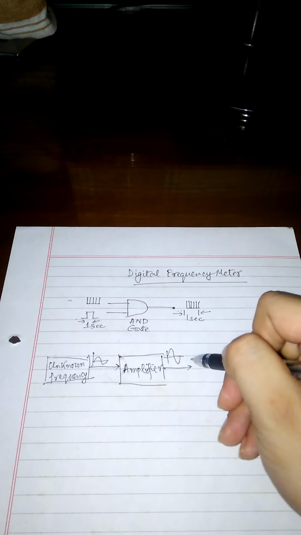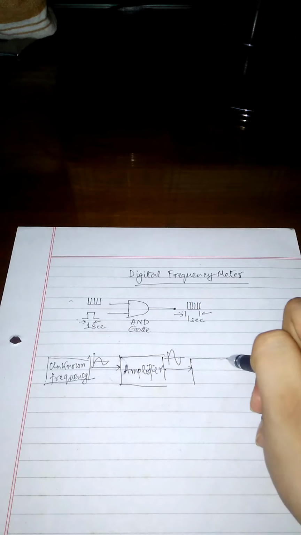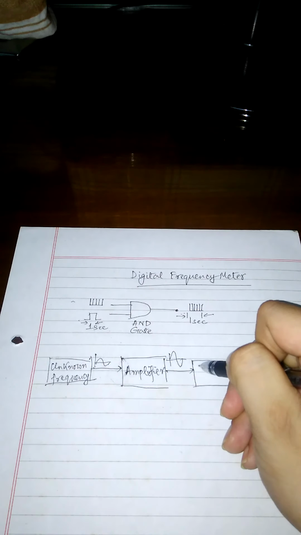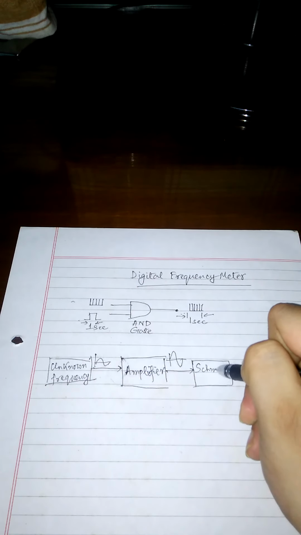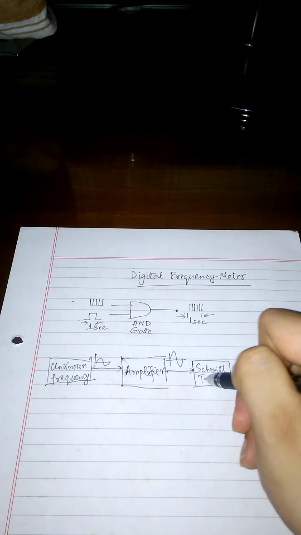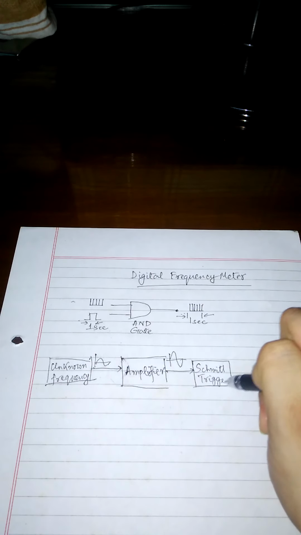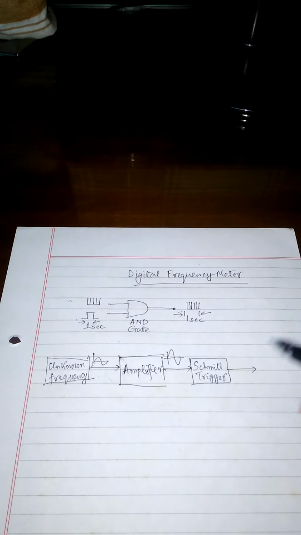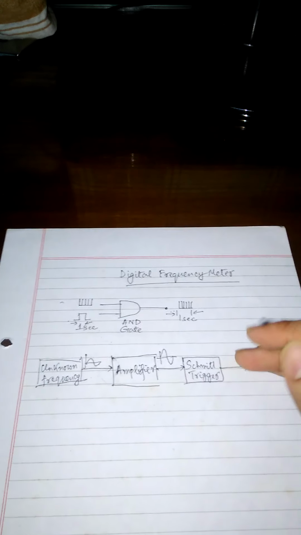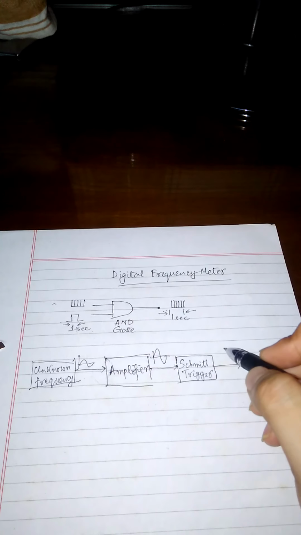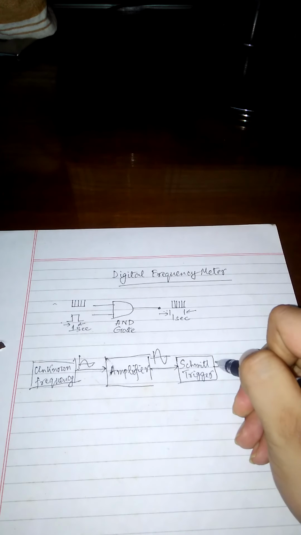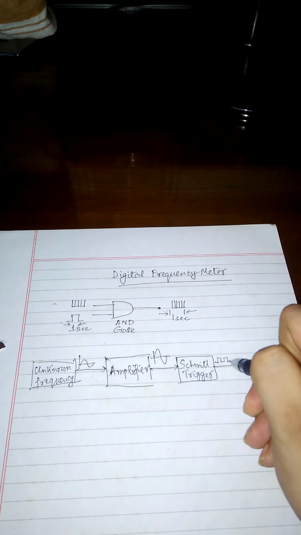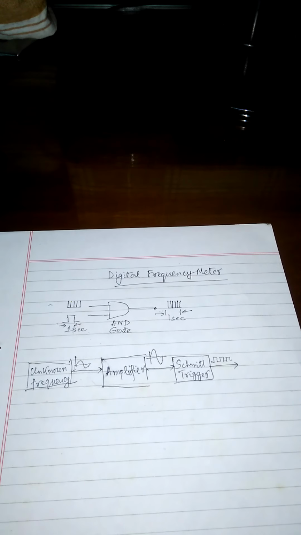So we put in a Schmitt trigger module. What is the output of the Schmitt trigger? The Schmitt trigger is going to convert this waveform into a square wave. This is the square wave output.